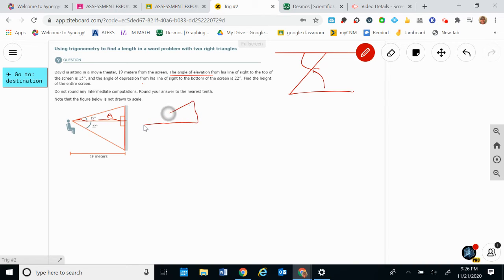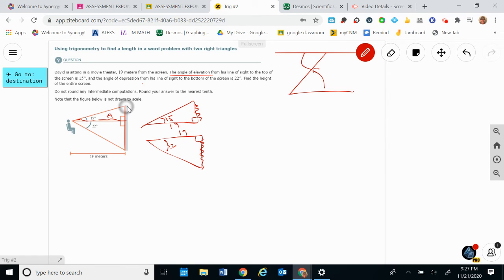So what they're really asking us to do is to take out these triangles. This is 22, this is 15, this is 19, and this is 19. So now we have two triangles, and what we need to find is both this side and this side, and add them up.